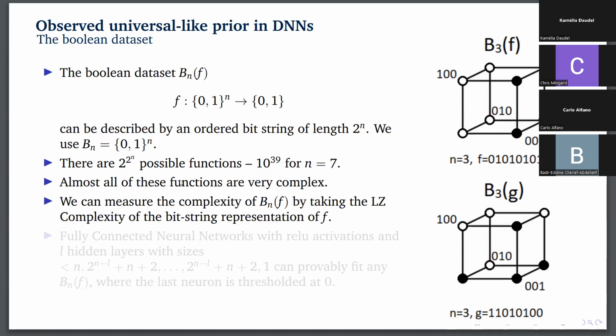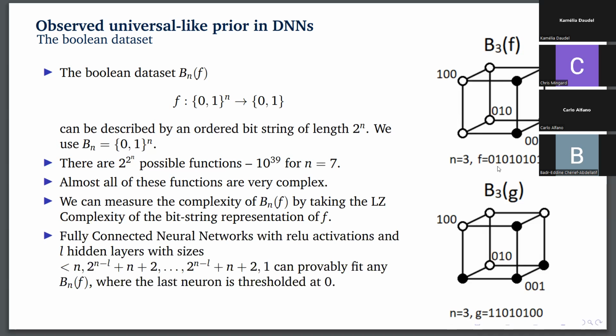And we can measure this complexity by taking the Lempel-Ziv complexity, which is a standard compression algorithm that works by trying to find little repeating chunks. We hope this will approximate Kolmogorov complexity in a very loose sense, and it seems to work quite well, so we use it.